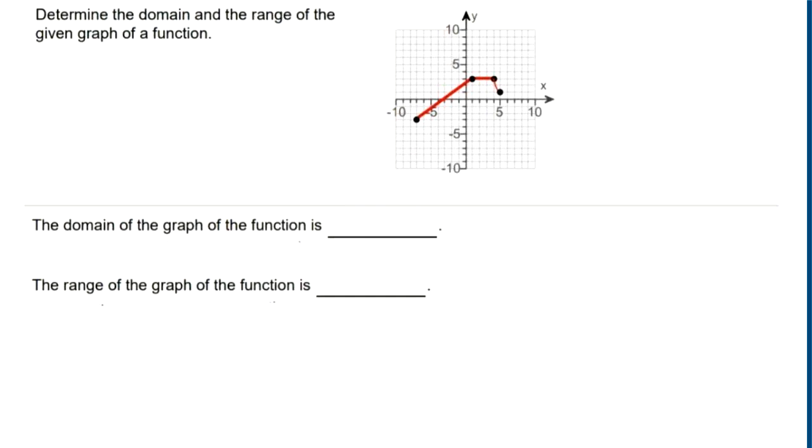So that's my first x. And if I go along the graph, these are all the x's I used right here. And I ended at 5. So to make this graph, I use all the numbers from -7 to 5. So do you see how I got that?